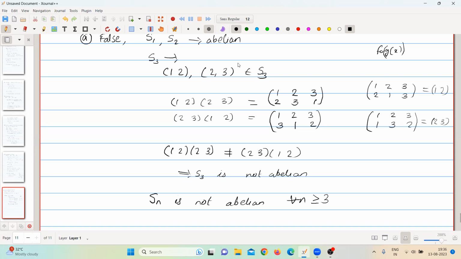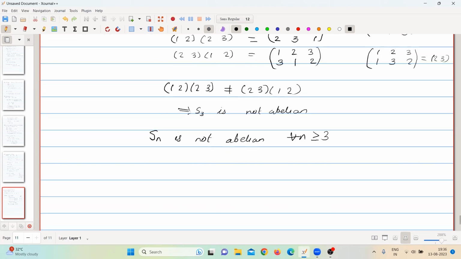The same example will work for every Sn, because (1 2)(2 3) in Sn means 1 goes to 2, 2 goes to 1, 3 goes to 3, 4 goes to 4, and whatever remains until n is fixed.